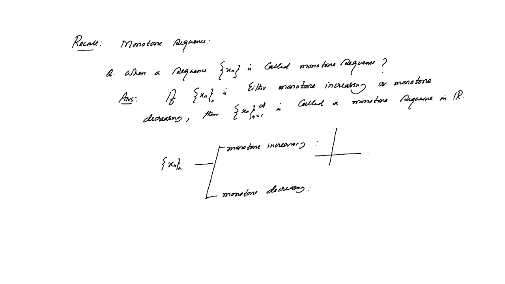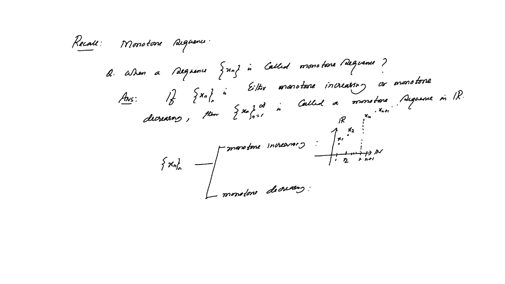Here we draw a graph. In the domain we take N and in the codomain we take R, because it is a function from N to R, a sequence. So here 1, the corresponding image is x1, then 2, the corresponding image is x2, and so on. Here n and n plus 1, the corresponding images are xn and xn plus 1, and so on.